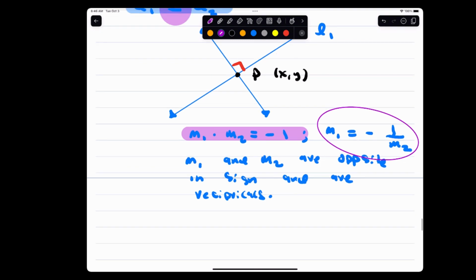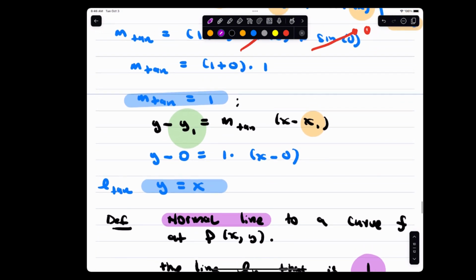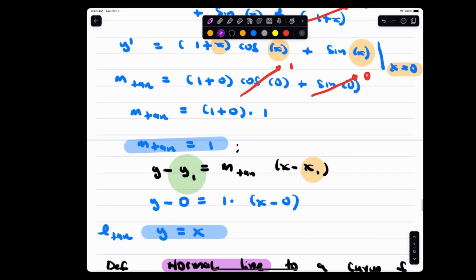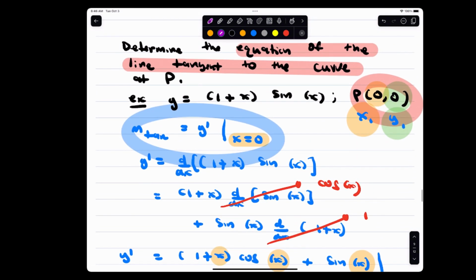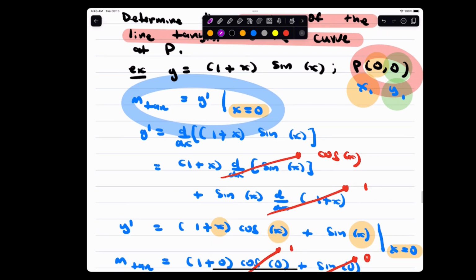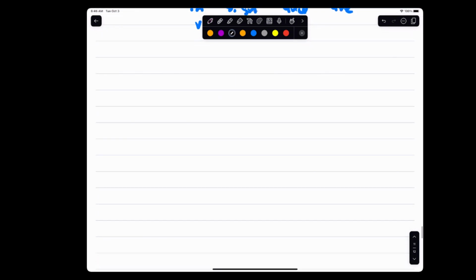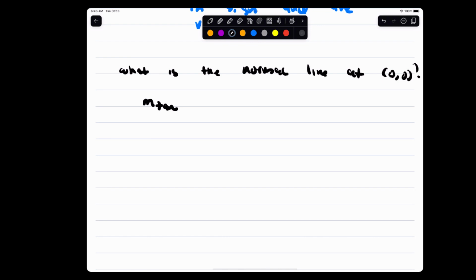So that's the deal. If I asked you guys, go back to this original function we looked at to find the equation of the line tangent to the curve. We got the derivative. I'm now going to ask you, what is the normal line at the origin? What was m tangent, ladies and gentlemen?